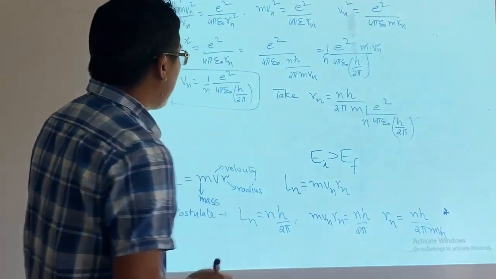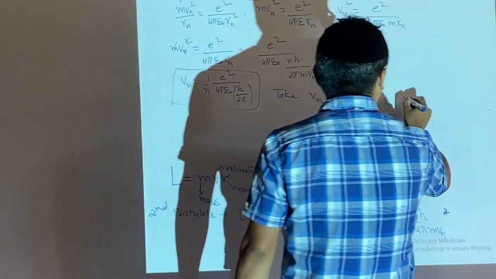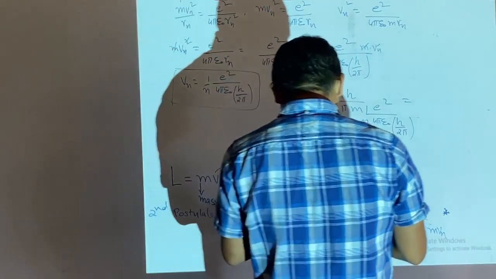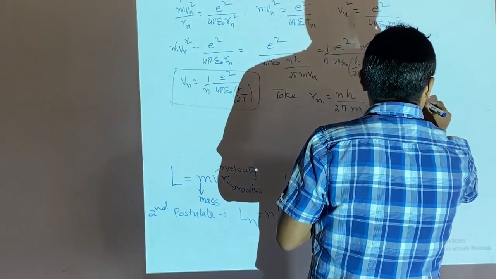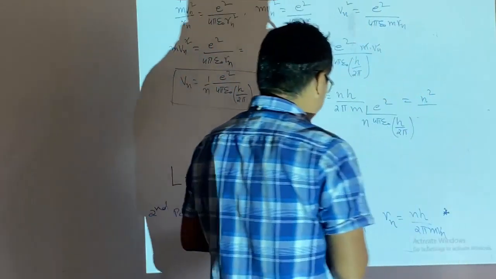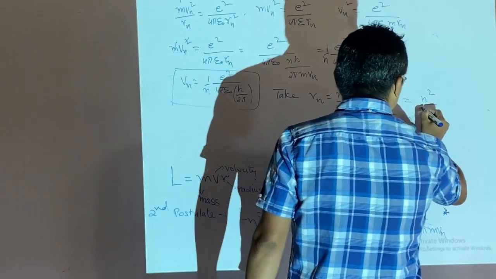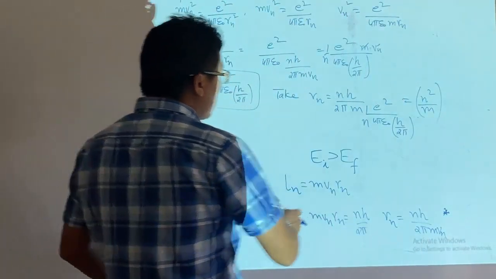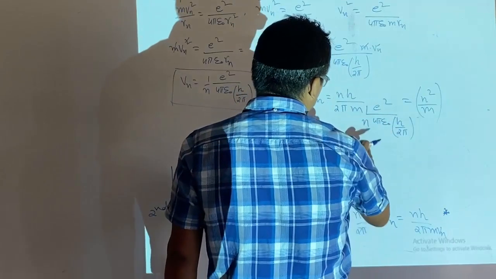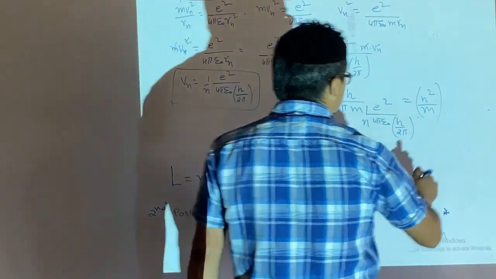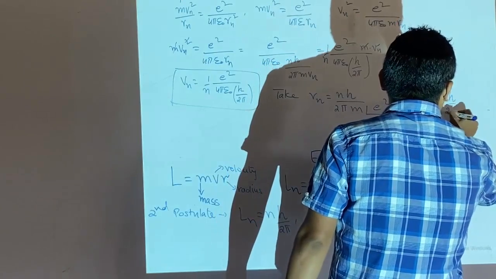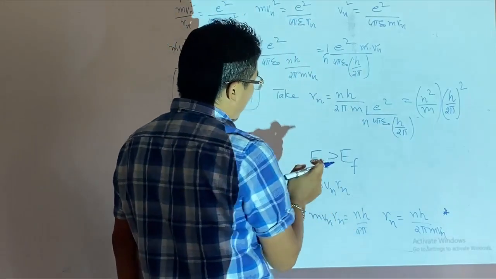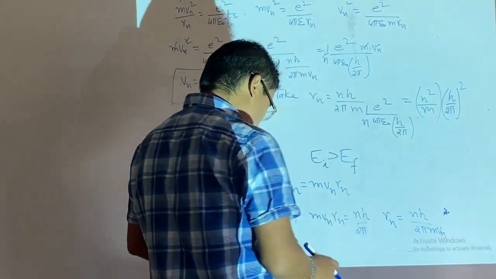Having this value, I will do some simplifications. n goes up, I just say n square, and here I have an m, and then h by 2 pi whole square, that is h square over 2 pi square.